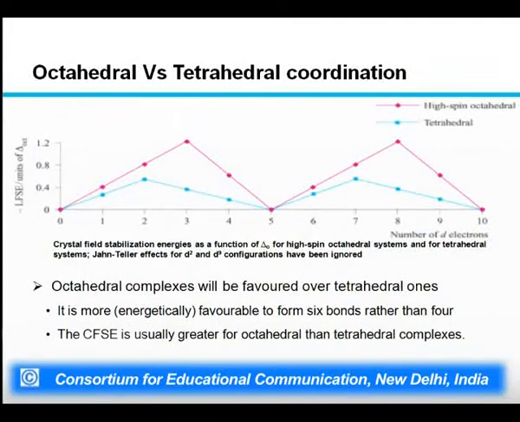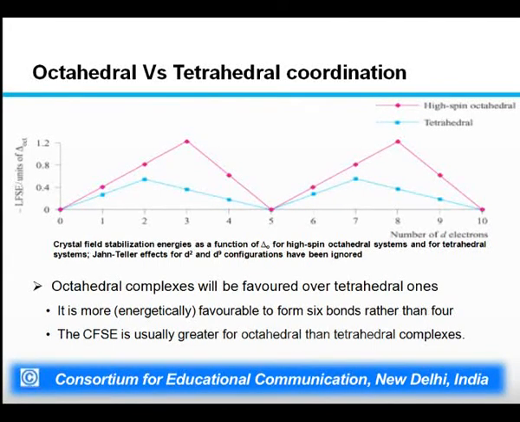A better idea of these numbers can be obtained if we look at the graph. This graph is a plot of minus LFSE, or you can also use the term LFSE, in units of delta O along the y axis, against the number of d electrons along the x axis. The blue dots are the CFSEs for dn metal ions in the tetrahedral geometry, and the pink dots are the CFSEs for dn metal ions in an octahedral geometry. What we note here is that the CFSE for an octahedral is always higher than that of a tetrahedral.